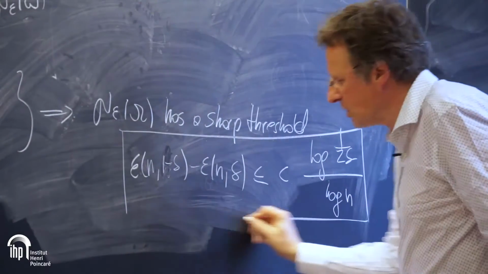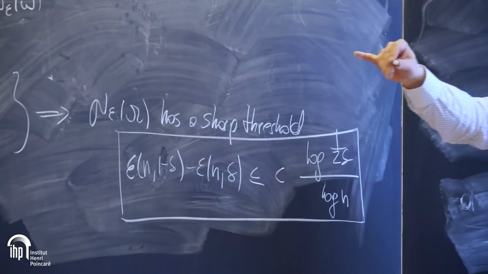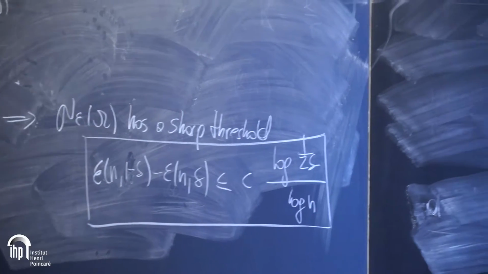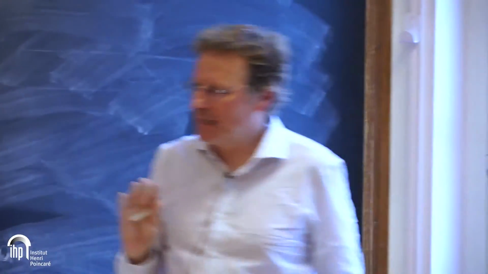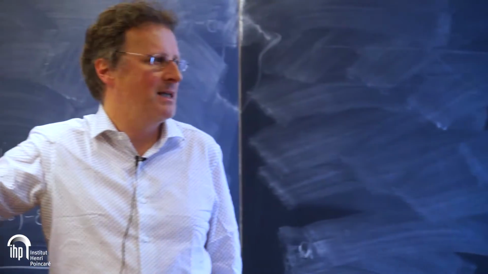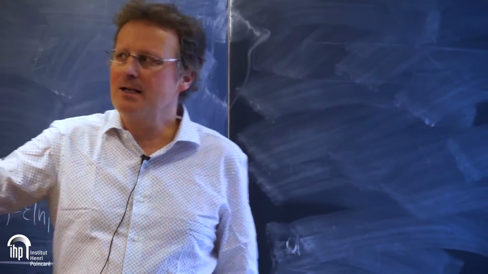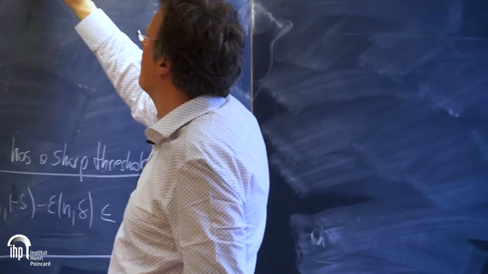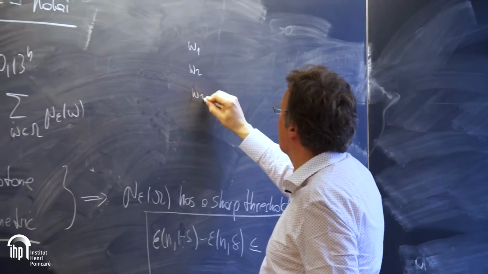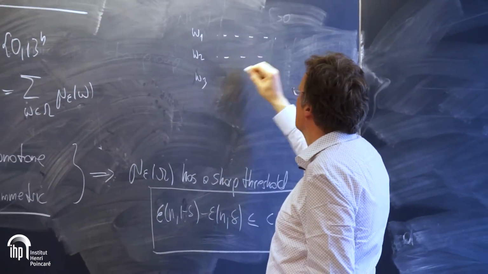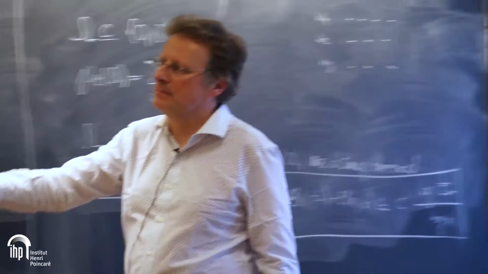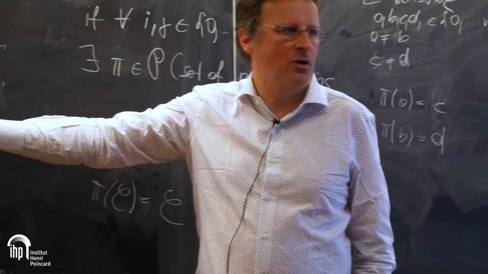Okay, so in particular, they show that if the omega is monotone and the omega is symmetric, so the only thing I have not explained to you, what does it mean it's symmetric? Well, omega is just a subset. So again, you can write down omega 1, omega 2, omega 3. So you can write down these vectors, in the same way as I wrote down here the vectors that correspond to the code word, right?